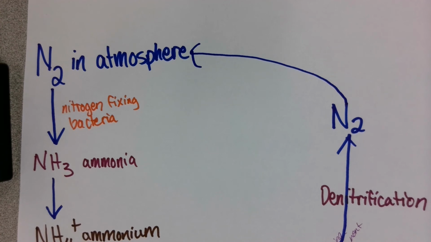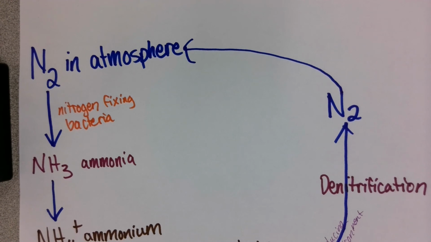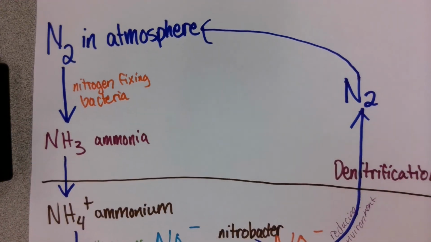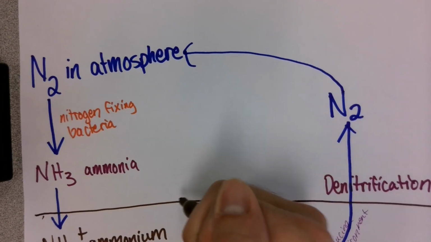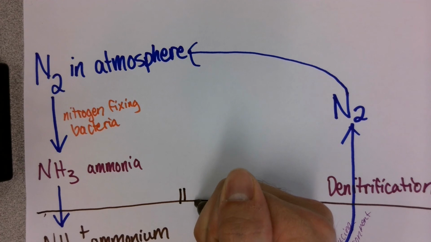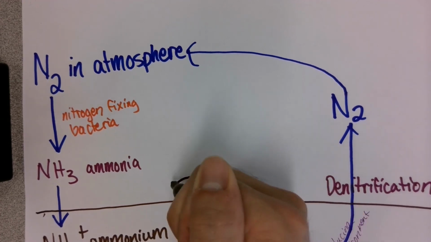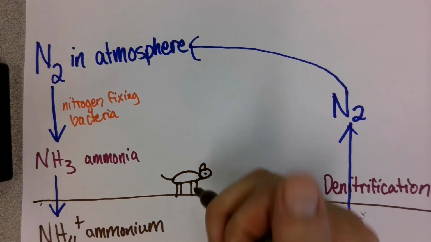Alright, here is another way that the ammonium can get into the soil. Let's say that all of this is happening in the soil down here. Let's say that there's some sort of animal, and you're going to laugh at my drawing because my drawings are terrible. Let's say that this is a dog. Here's his eye, and then he dies.